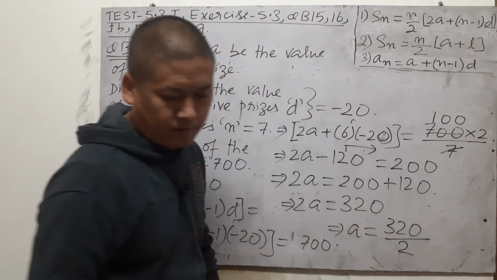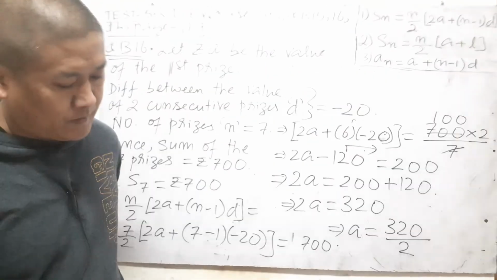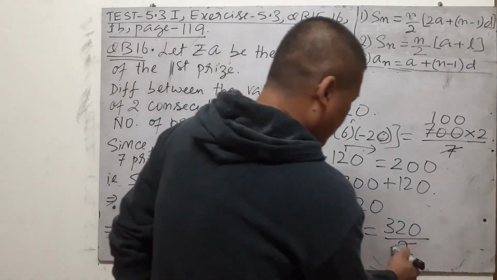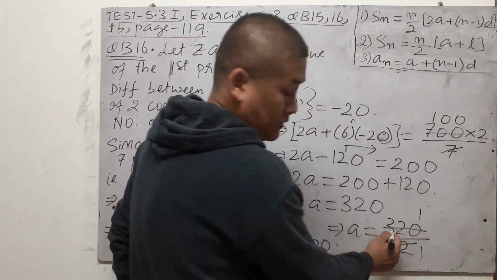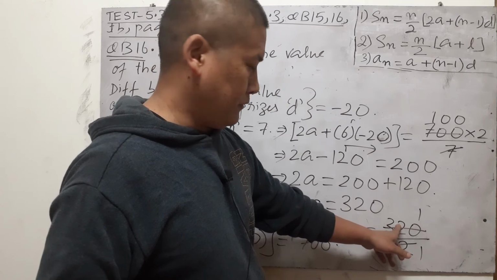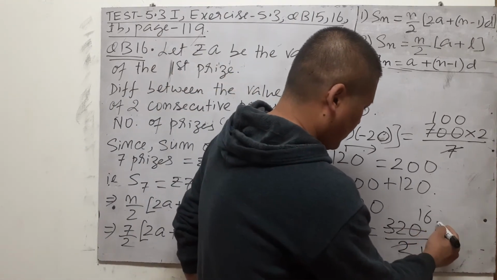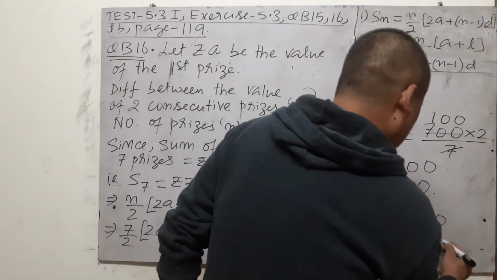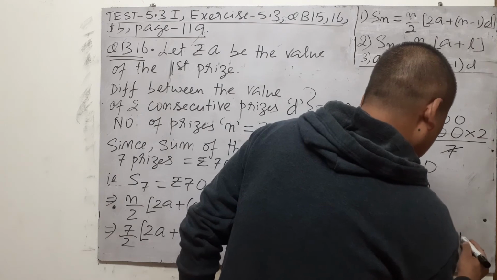So a will be 320 divided by 2, which is the value of the first prize. 2 ones are 2, 2 ones are 2, and 3 leaves 1 remainder. That 1 goes to the left of 2 and becomes 12. 2 sixes are 12, and 2 zeros are 0. So the first prize value is 160.